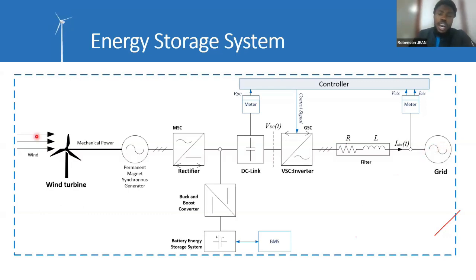What I will do is use the energy stored in the battery energy storage system in order to support the renewable energy sources. So the other 5 kilowatts, I will take from my battery energy storage system.